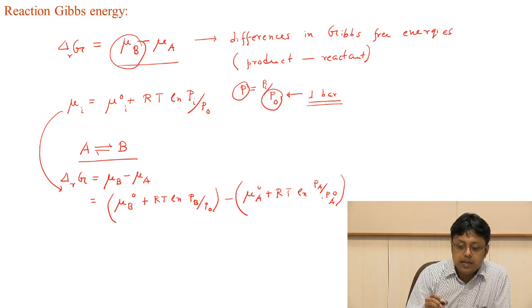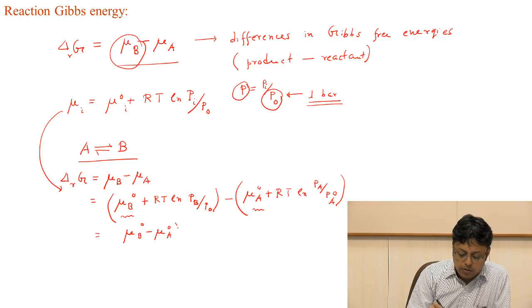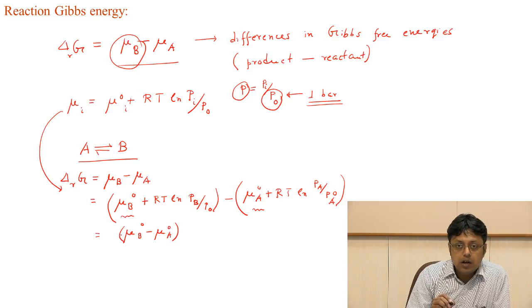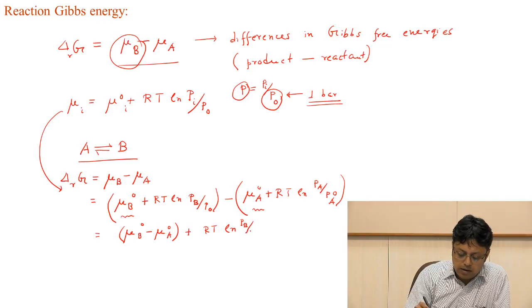So we can now take the terms common, which is mu B0 and mu A0. So it will be mu B0 minus mu A0, which is the difference of the chemical potentials taken at the standard state, plus RT ln, and remember that ln A minus ln B is nothing but ln A by B. When you do that, the P0 terms cancel, and you'll be left with RT ln PB by PA.